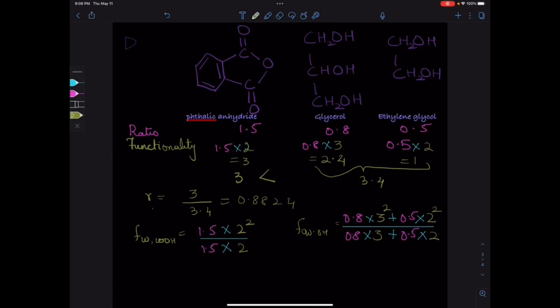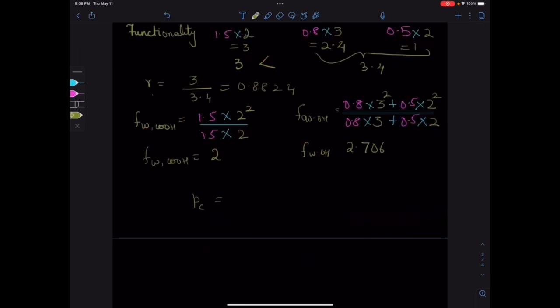So if we do the calculation, for carboxylic group, we get the weighted average is 2, and for the hydroxy group, the weighted average is 2.706. Plugging this into the Stoichiometric equation, we get 1 over the square root of R, which is 0.8824, times 2 minus 1, times 2.706 minus 1.